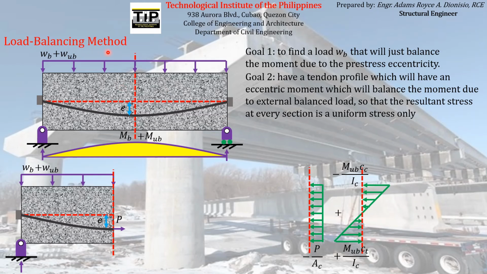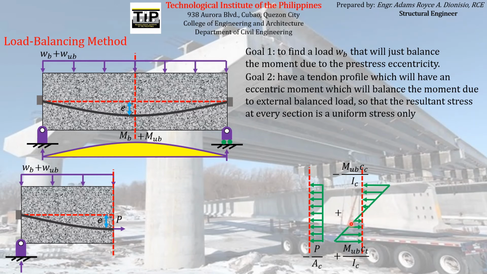But since we now applied the remaining portion of the total service loads, which is the unbalanced load here that produces an unbalanced moment, which again produces additional flexural stresses at every section of the concrete element, with the flexural stress acting at midspan equal to this, which has an extreme fiber stress equal to this and an extreme fiber stress equal to this.